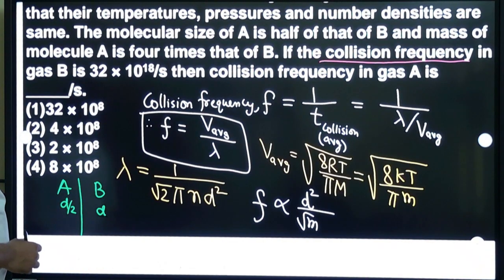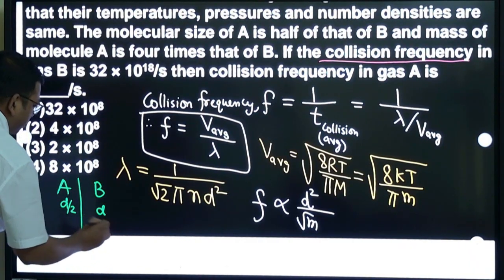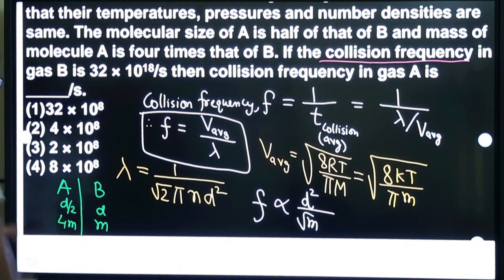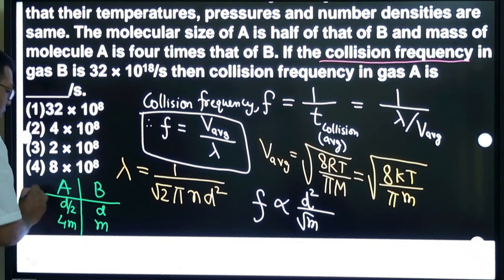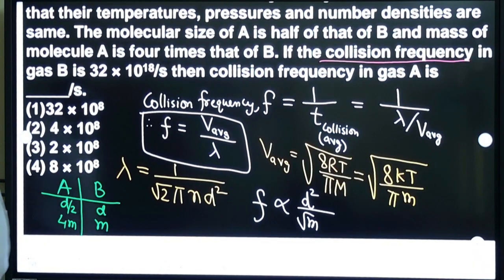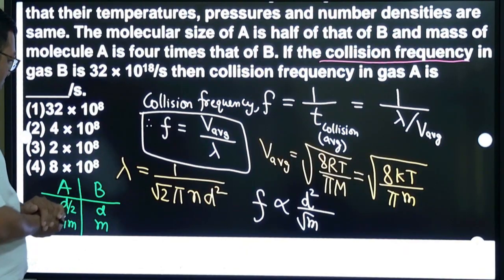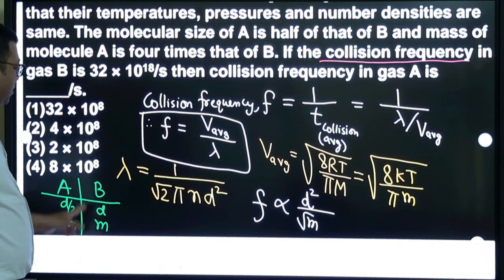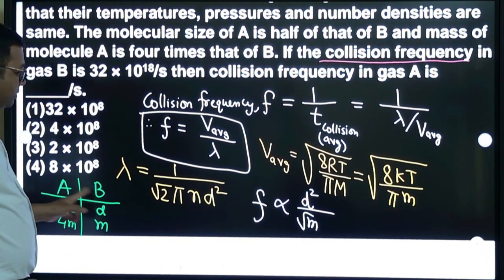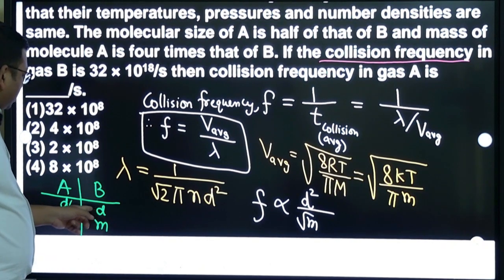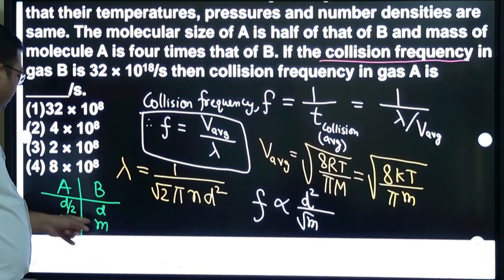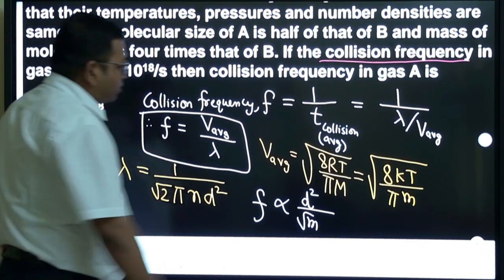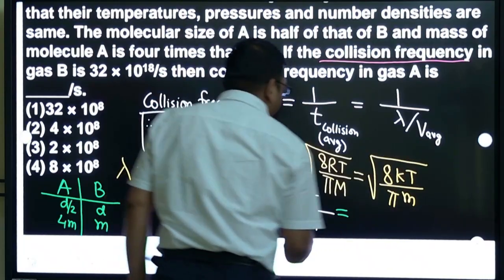And for mass, if B is M, then A is 4M. This condition is given. You need to figure out how many times the collision frequency changes. So B is the initial condition and A is the final condition. You are decreasing the diameter by half and increasing the mass by 4 times. So let's think about what you are going to do here.